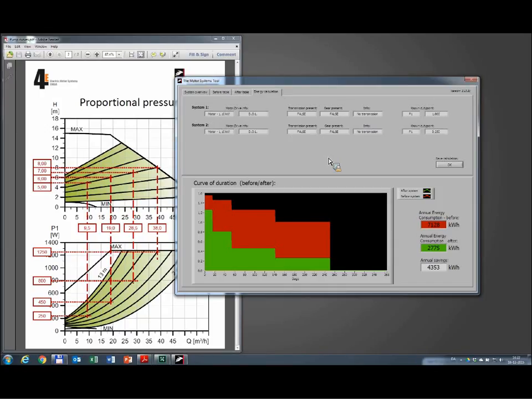So from 7,000 kilowatt hours, we now have a little less than 3,000, so we have more than 4,000 kilowatt hours per year saved in this specific situation.